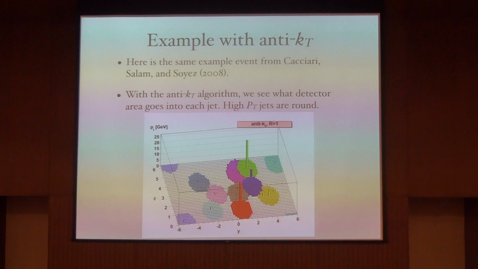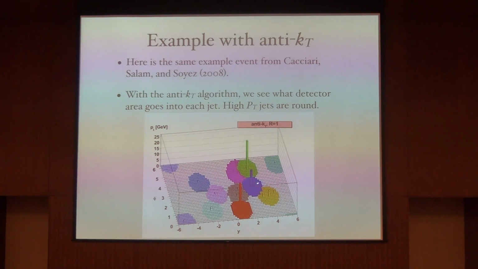And here's why. Here's a picture of how jets get made with the anti-kT algorithm. So now this was a very high transverse momentum thing just in one cell. And so 1 over pTi squared is small, since pTi is enormous. So this very high pT cell wants to pick up everything that's within R of it.